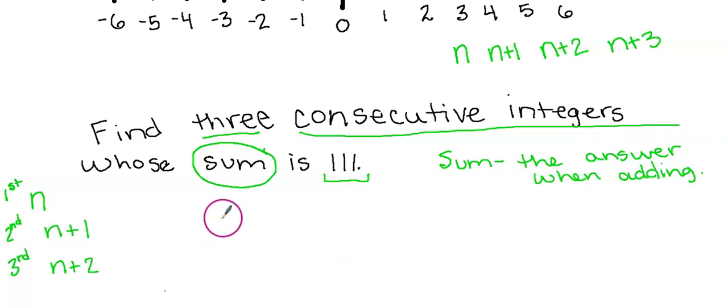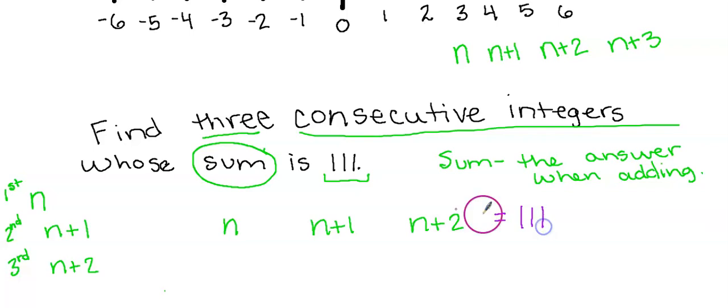So I'm going to write my first number, my second number, and my third number. Sum means the answer I get when I add, so the answer I get is 111, and I got that by adding all the numbers. So we have set up our problem. Now it's time to solve it.